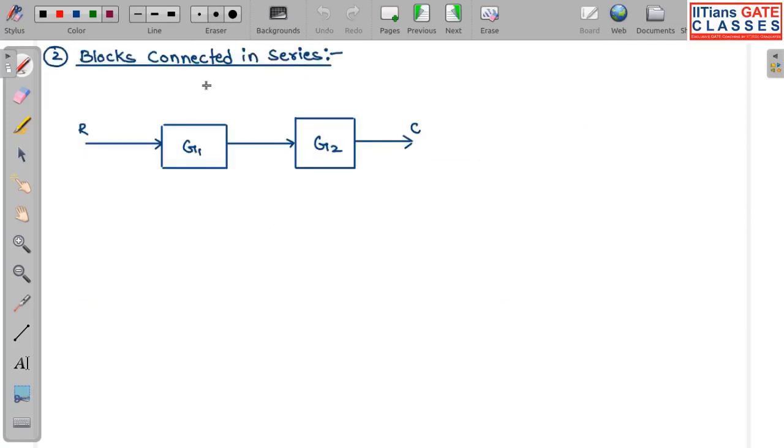Now when blocks are connected in series, like over here, or you can even call it when blocks are connected in cascade. Okay. So basically in the transform domain or Laplace domain, we multiply the blocks when they are connected in series or in cascade.